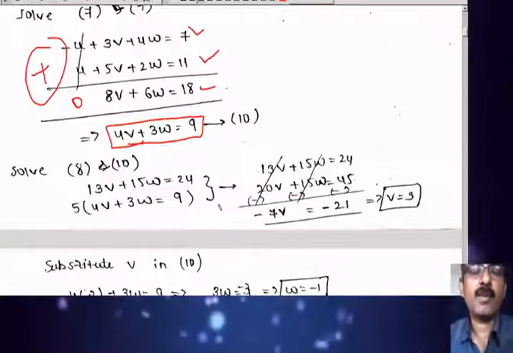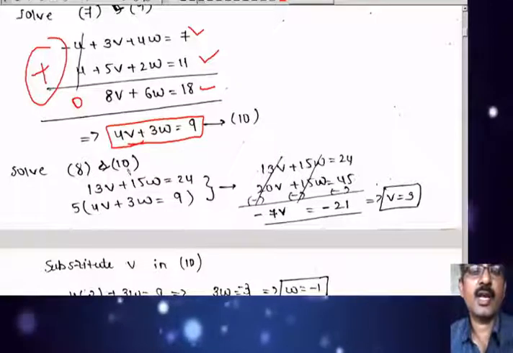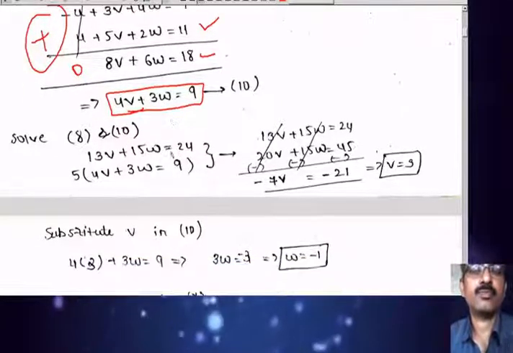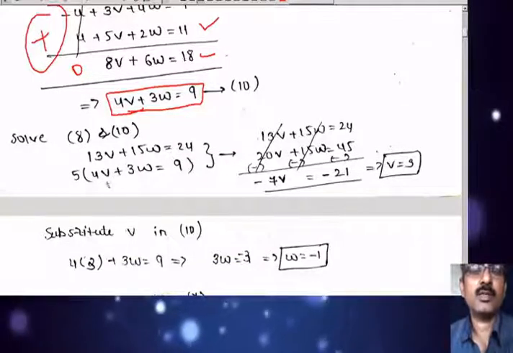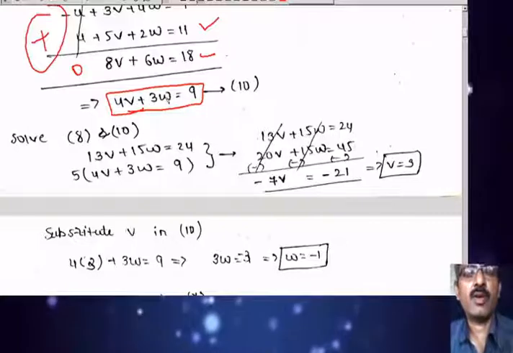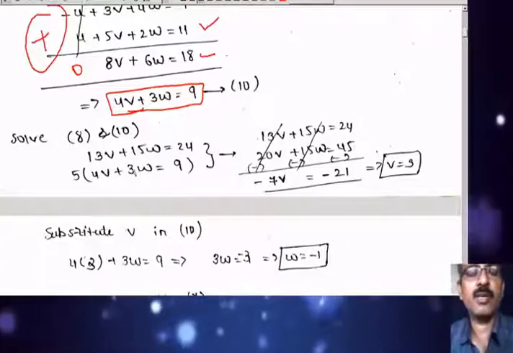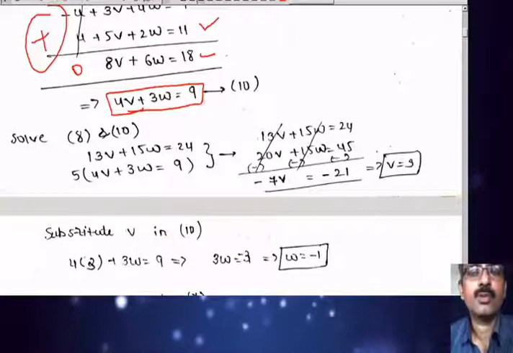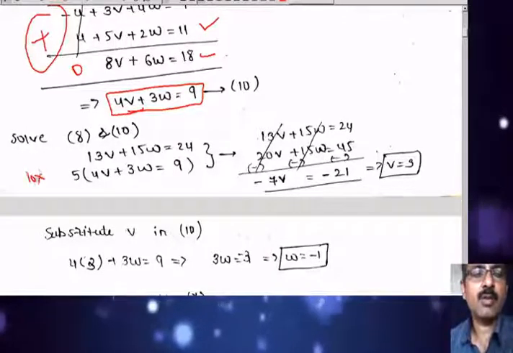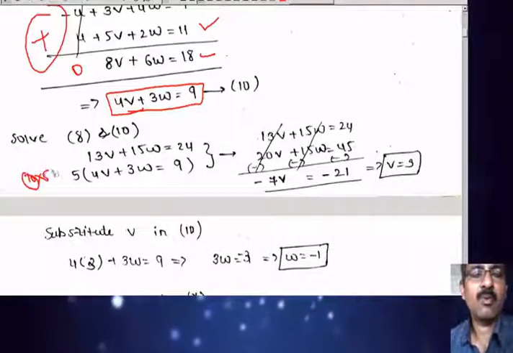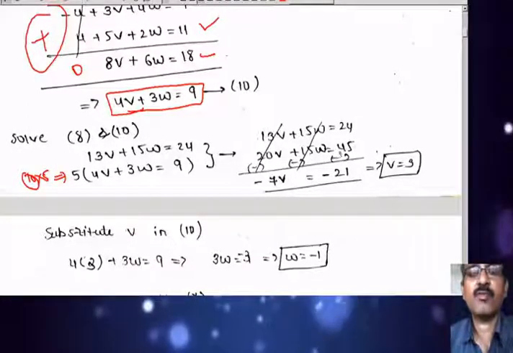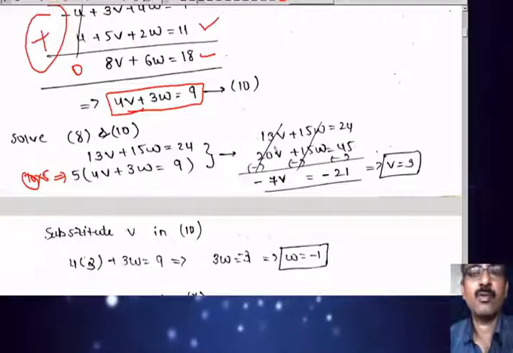So finally we solve equations 8 and 10 for the values of u, v and w. For this we eliminate u or v. Here we are eliminating w. Multiplying equation 10 by 5, we get 20v plus 15w equal to 45.